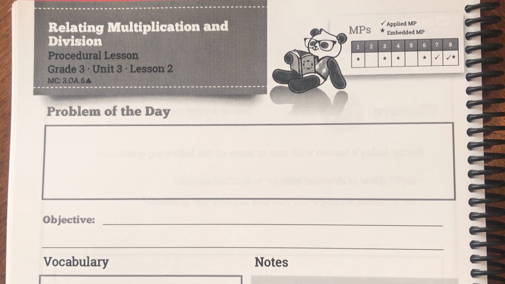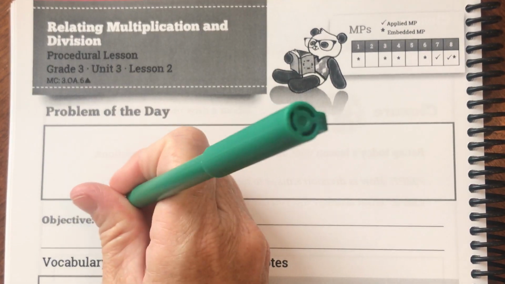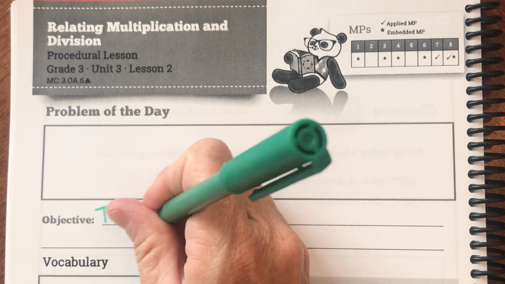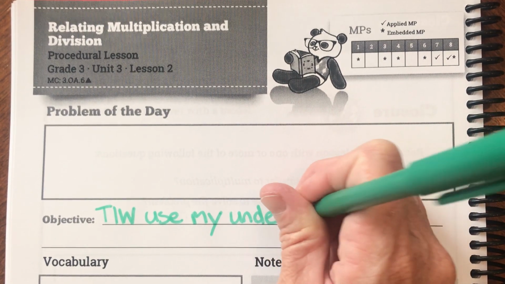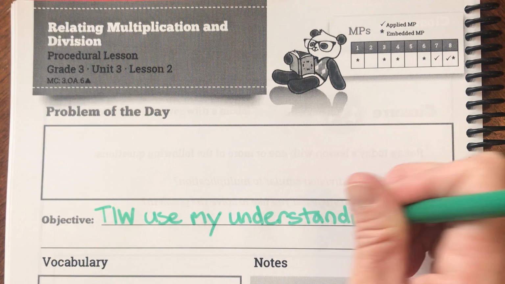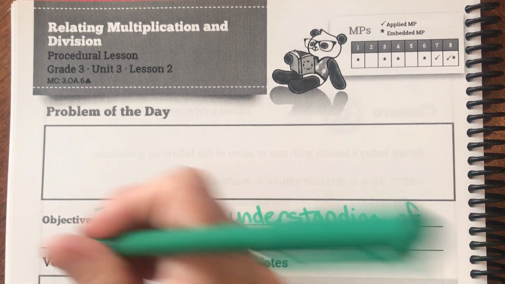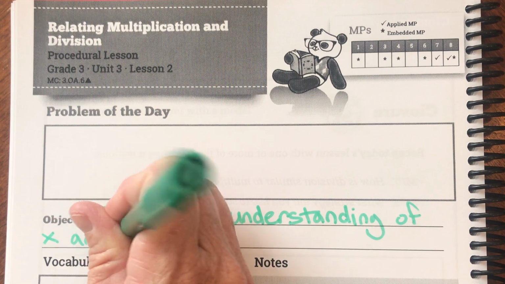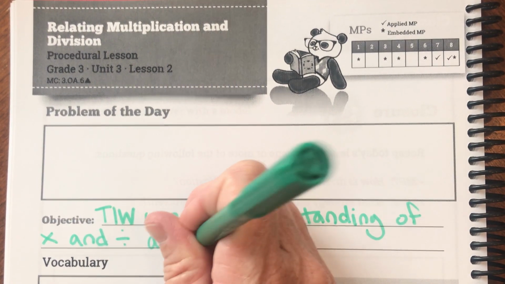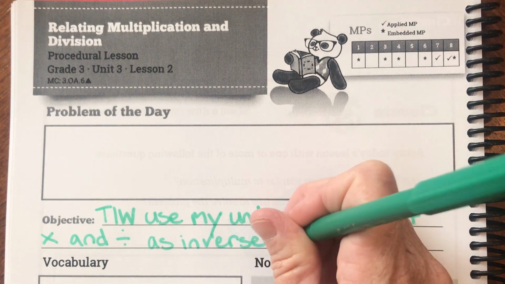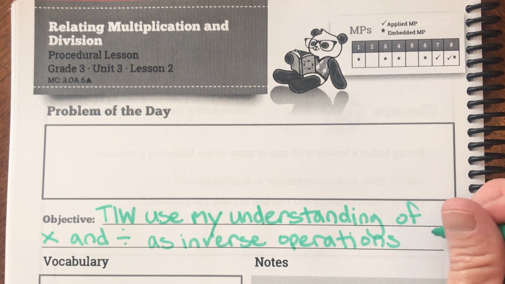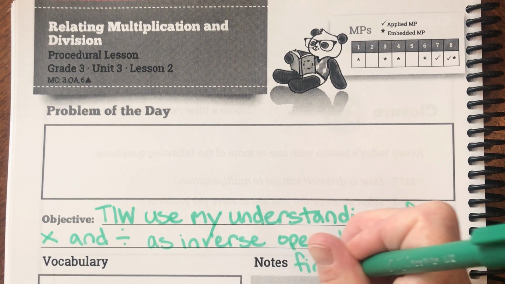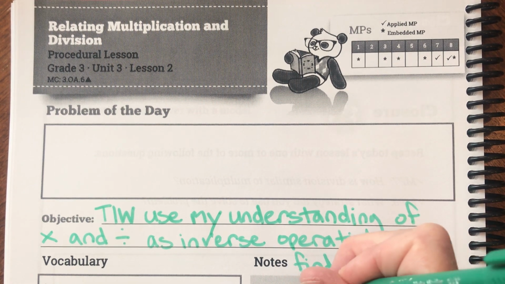Today we are on page 177, and our objective today is: today I will use my understanding of multiplication and division as inverse operations to find the unknown.